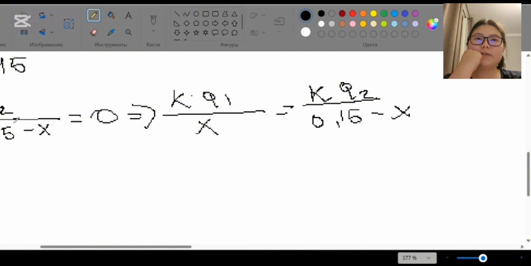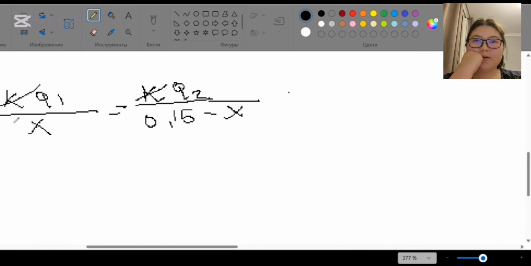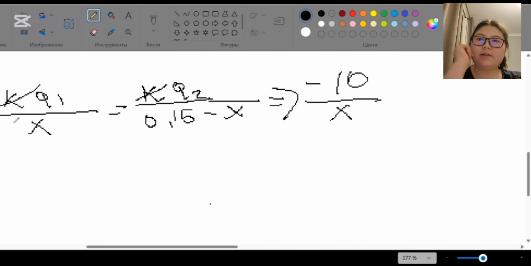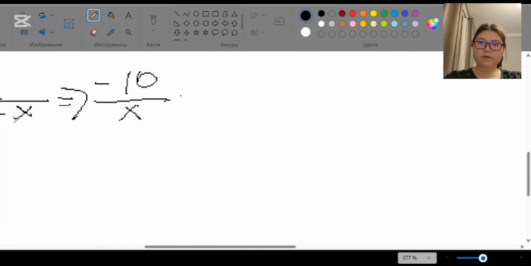We can cross out the Coulomb's constants because they're the same value. Now we're going to use the cross multiplying method again. Let's write all the values in.